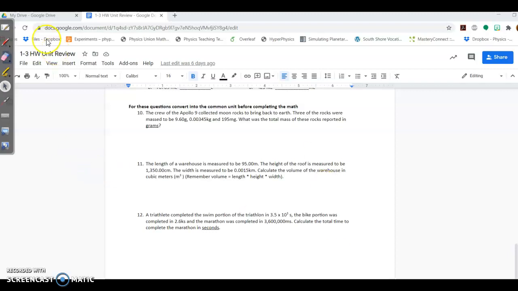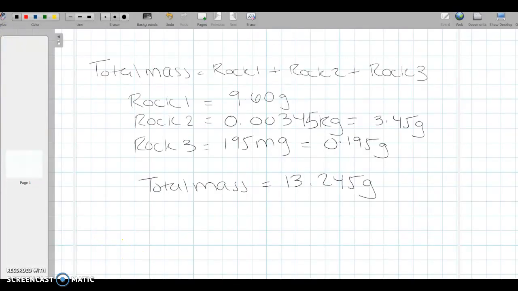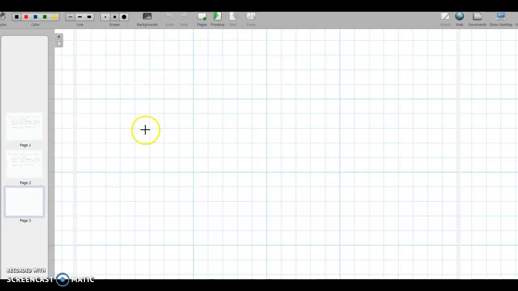So going back to the whiteboard, clicking on the pen, I am just going to go ahead and create a new page. Sorry about that. So we know that volume is equal to length times height times width.